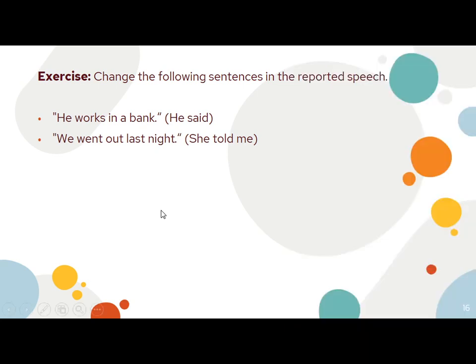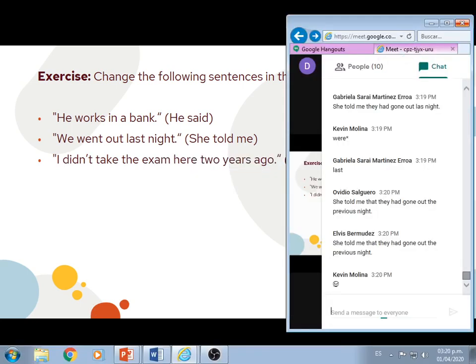Okay, let's continue, everyone. I didn't take the exam here 2 years ago. He said, remember, he said, I didn't take the exam here 2 years ago.